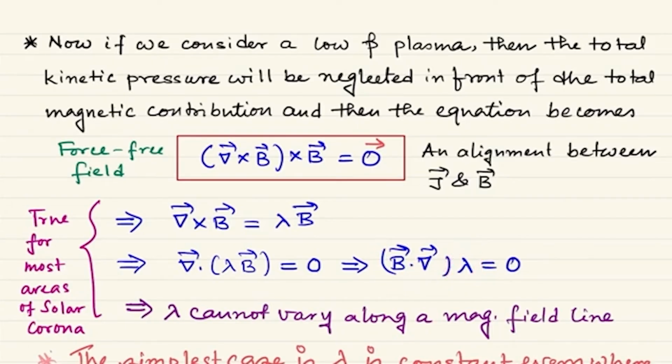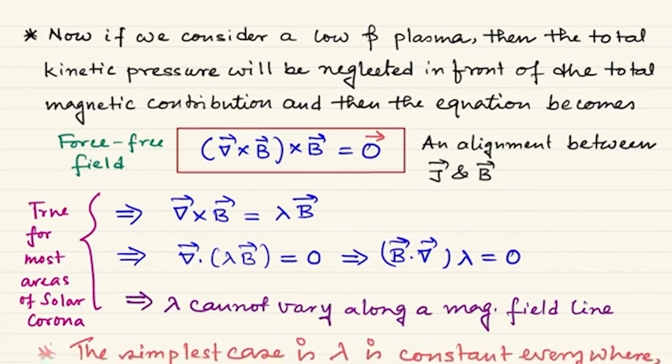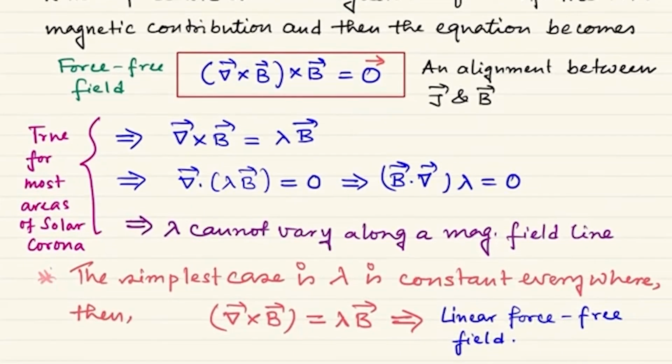For every line of force you have a specific value of lambda. So lambda cannot vary along a magnetic field line. Of course, from one magnetic field line to another, it can change.